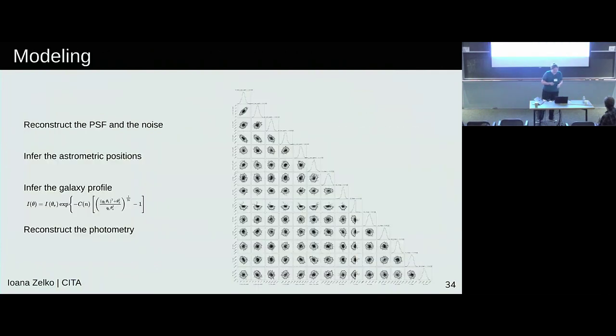So after I simulated the images, I tried to actually model the photometry and astrometry that will come out of these systems. In that model, one wants to reconstruct the PSFs and the noise, and then also infer the astrometric positions, and we included the galaxy profile as well, and reconstructed the photometry.